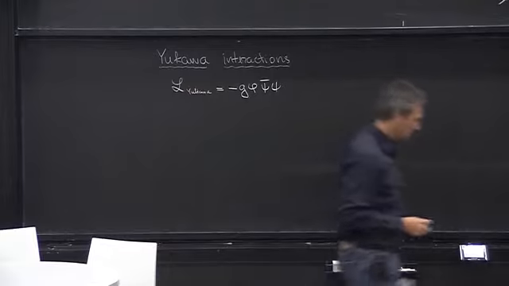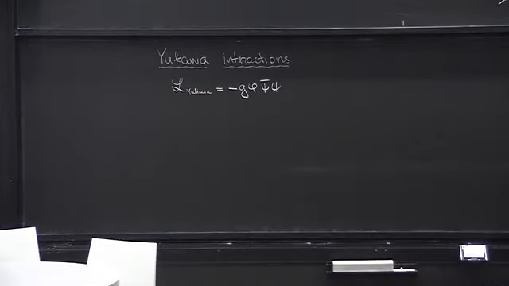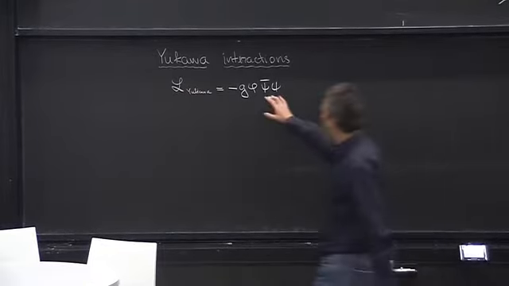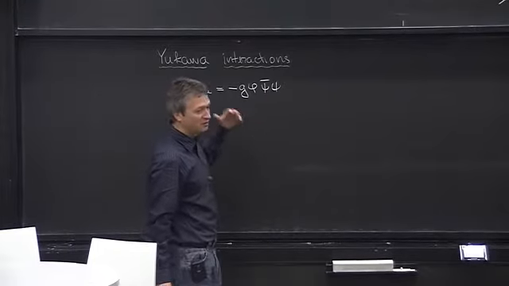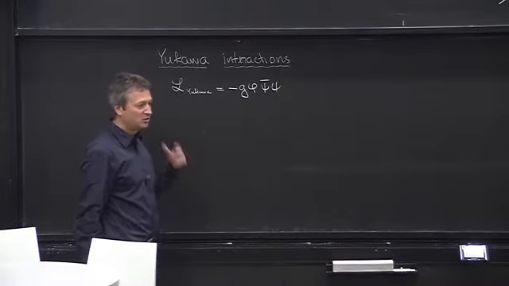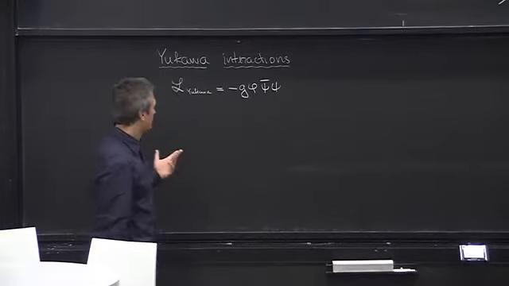So there is a term of interaction between psi bar psi and the phi. So this can be regarded as an oversimplified model of strong interactions. So if psi describes proton and neutron, phi describes pi mesons.